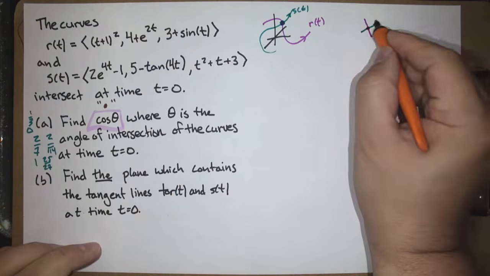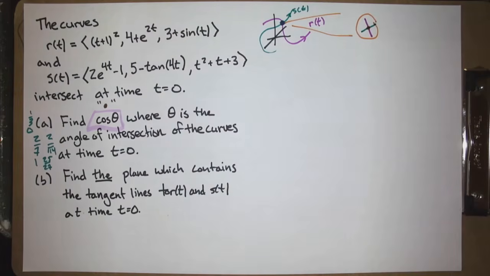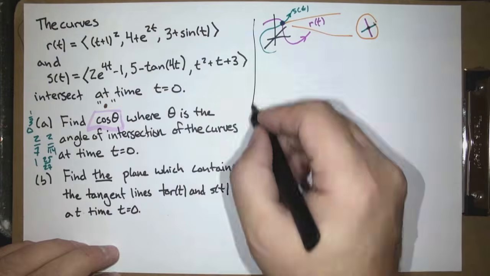And so they look like lines, so we should use the direction of the lines. And we get direction of motion, because we're talking about motion when we talk about these curves, by looking at the derivatives. Okay, so, good stuff.